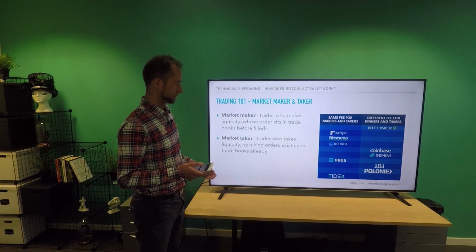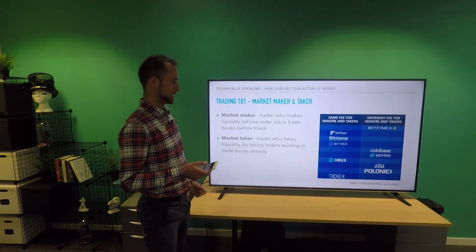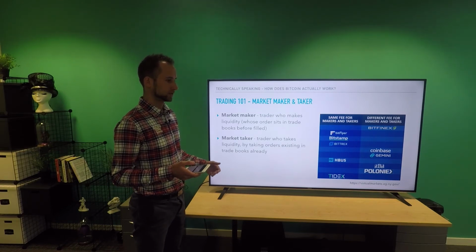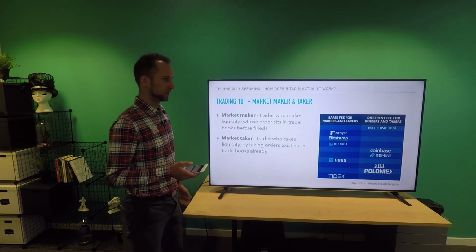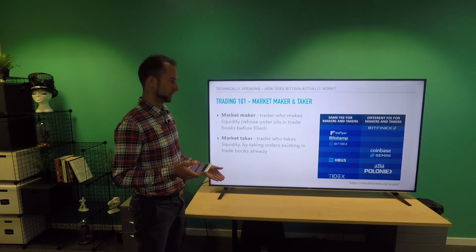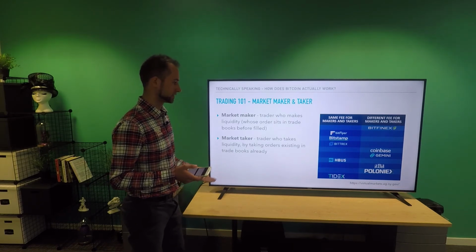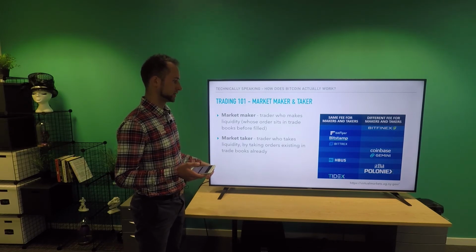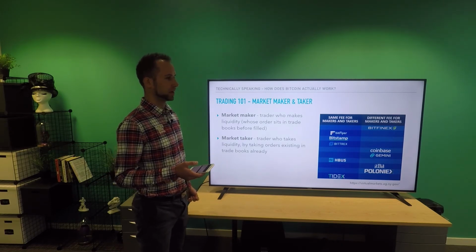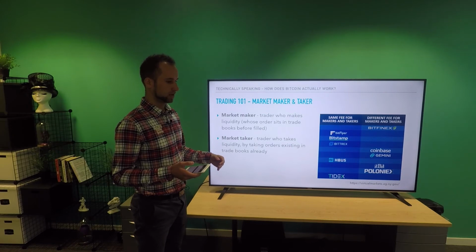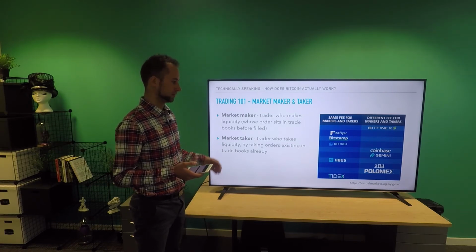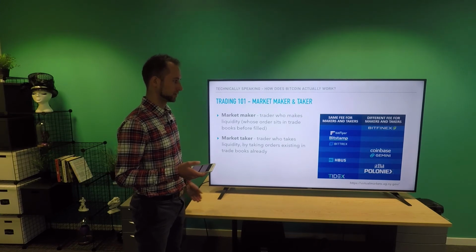A market maker is a trader who makes liquidity, he adds liquidity to the market. So his trades, his orders, they're not filled immediately. They land in the order books first, and they wait for market takers to take them. And a market taker is a trader who takes liquidity away from the market. So they use the orders that are in the order books to fill their buy or sell.